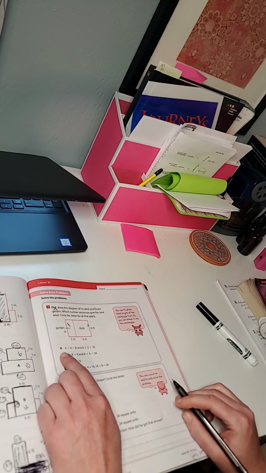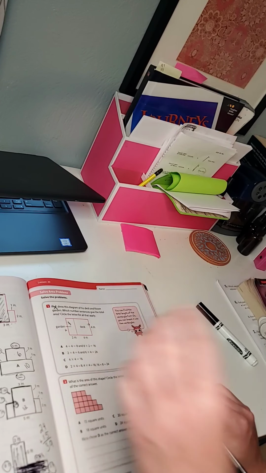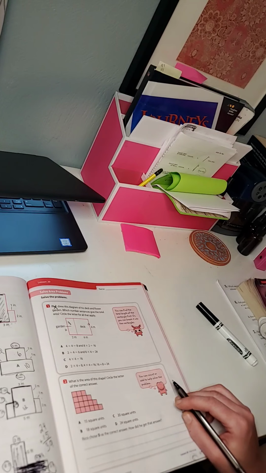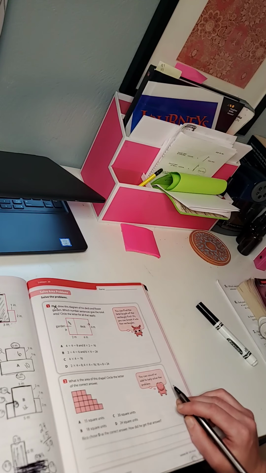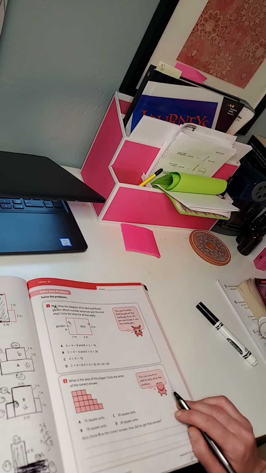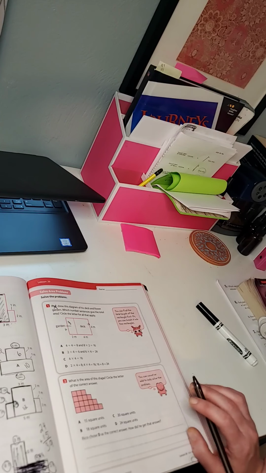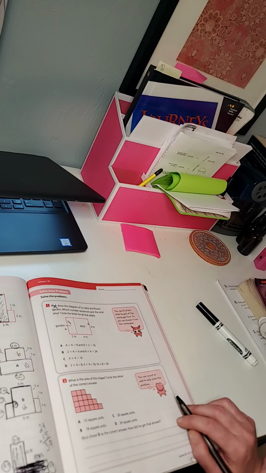So they said 4 and 4 plus, and 8 and 2. 8 times 2. So which number sentences give the total area? Okay, 4 plus 4. So this one is slightly confusing because it is giving you the correct numbers.